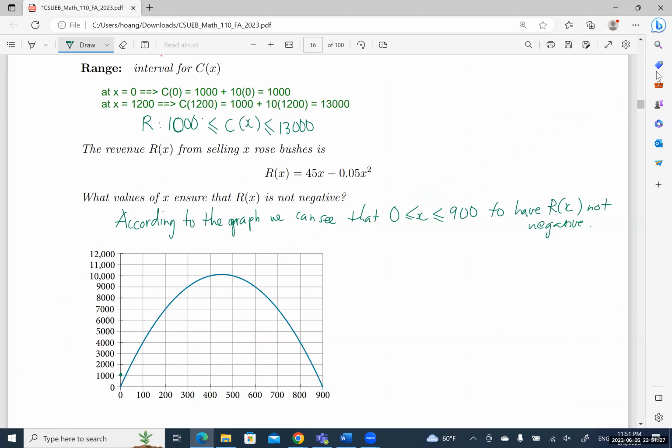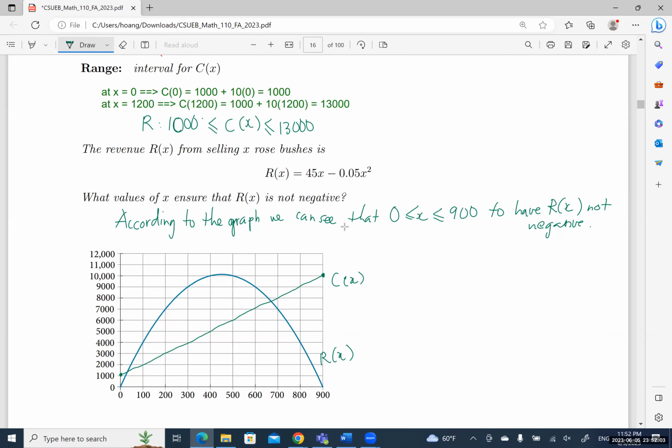So 10,000 over here, and then you're just going to draw a line through these two points, and that will make the line of the cost. Okay, it is the cost, and it's a revenues function.